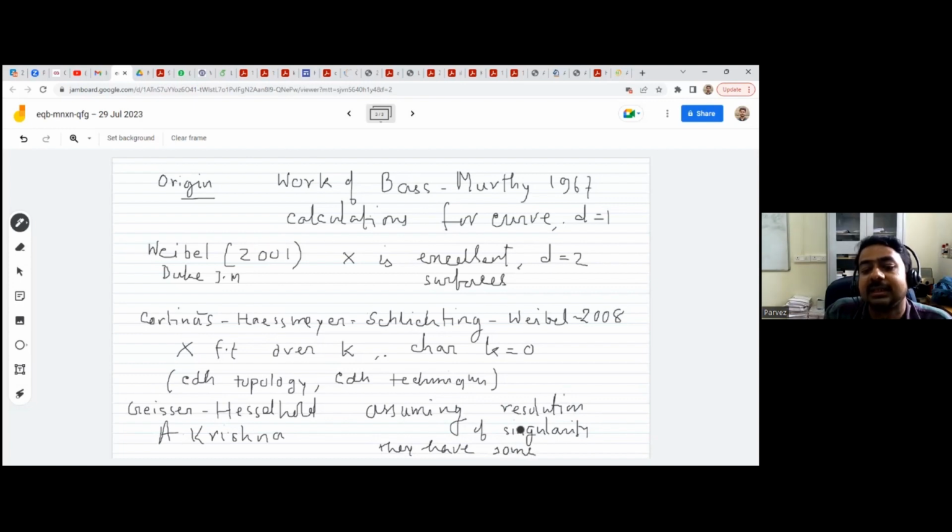You note that in characteristic zero, containing Q, this resolution of singularity is always there. So that also they take into account in the paper. Cortiñas, Haesemeyer, Schlichting, and Weibel, they prove some results.